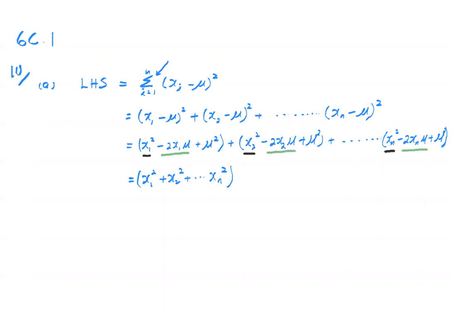Because there is a minus in front, I put a minus. And you see everyone, they have a 2 and a mu. Am I right? So I will factorize out 2 mu, the mean of the population. Open bracket, x1 plus x2 plus the last one, xn.